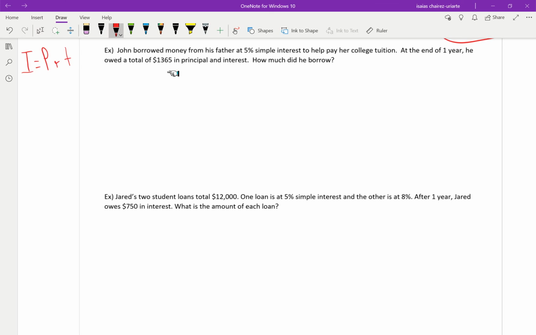All right, so let's see. The total amount that he has is equal to the principal, or the amount borrowed, I guess we could say.